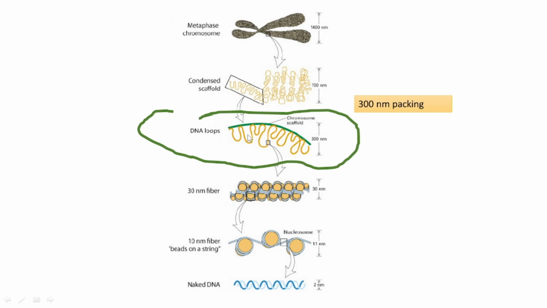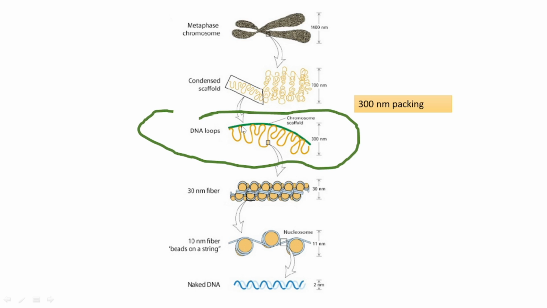The solenoid or zigzag way of packing undergoes looping. Where does it find support for forming such loops? It takes support over a scaffold. Scaffold simply means a skeletal framework.